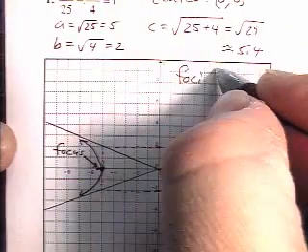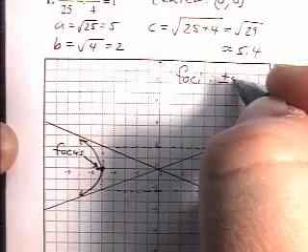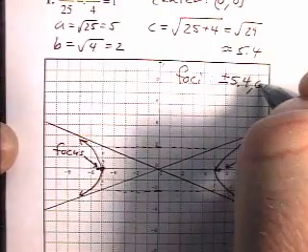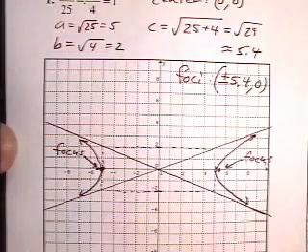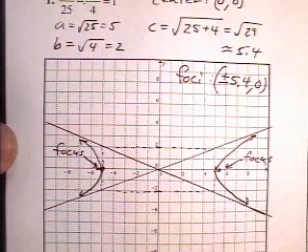So the foci sit at, in this case, plus and minus 5.4, comma, 0. That distance was used from the center to get to the focus.